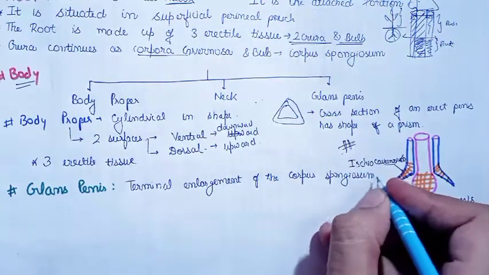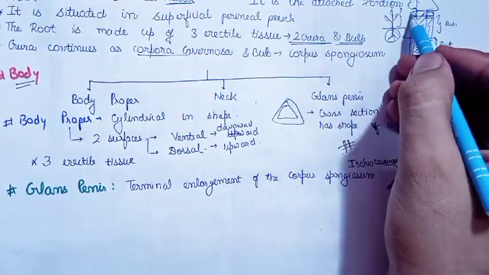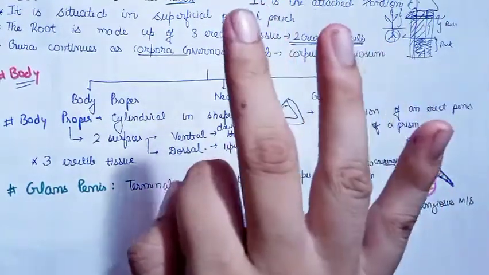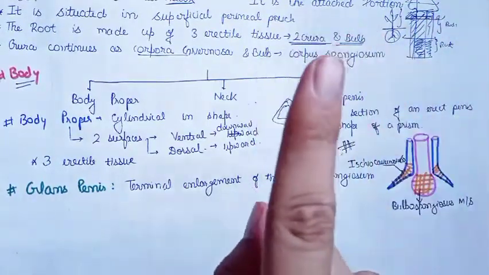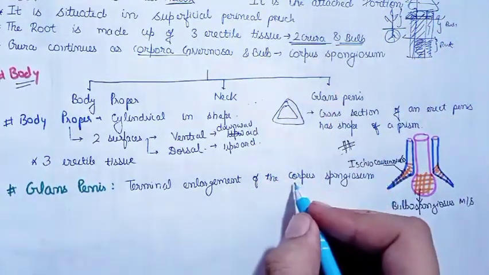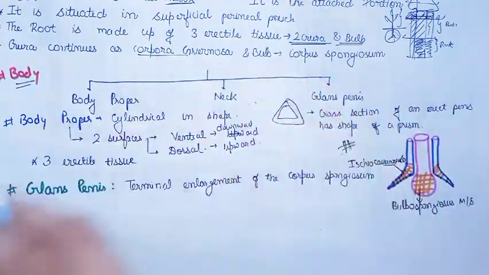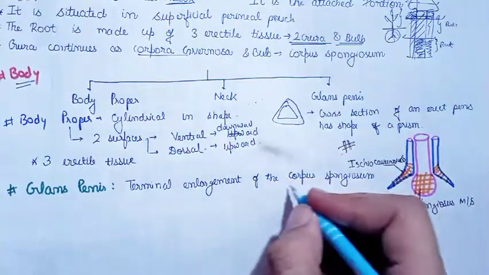If you make a cross section before this terminal part, that is the glans penis, you will see three erectile tissues, but if you make a cross section of the glans penis, you will see just one erectile tissue, that is the corpus spongiosum, and no other erectile tissue of the penis is present in the glans penis, just the corpus spongiosum.